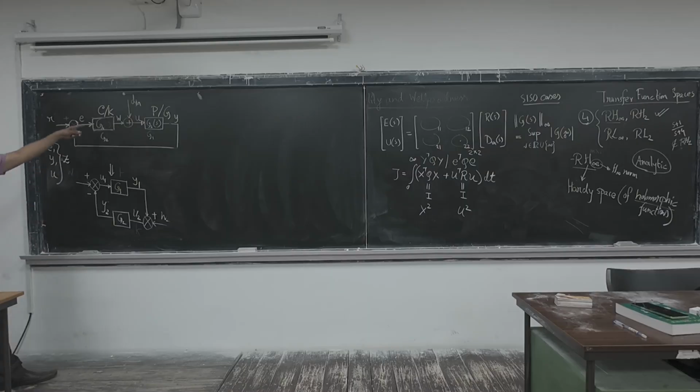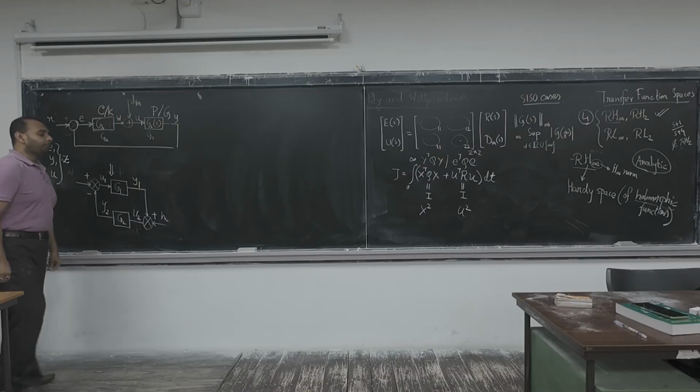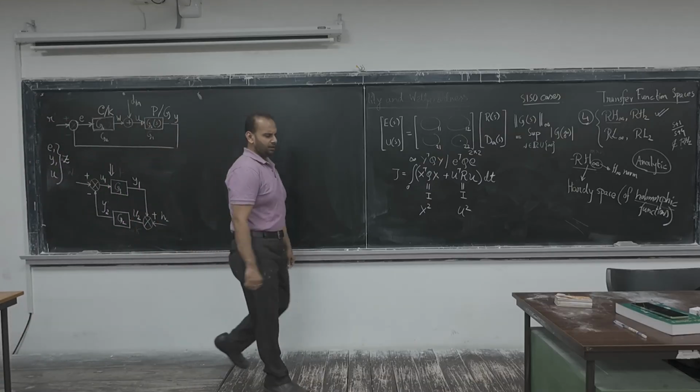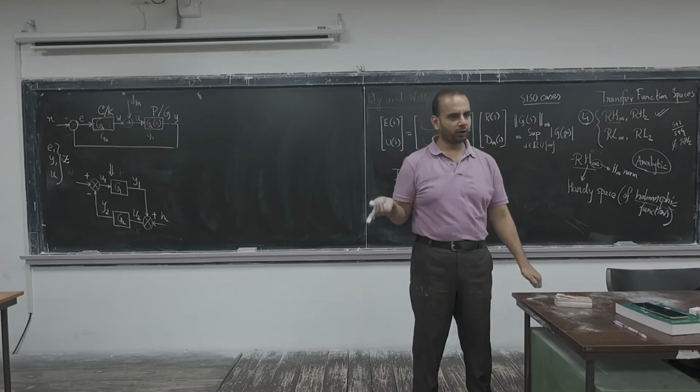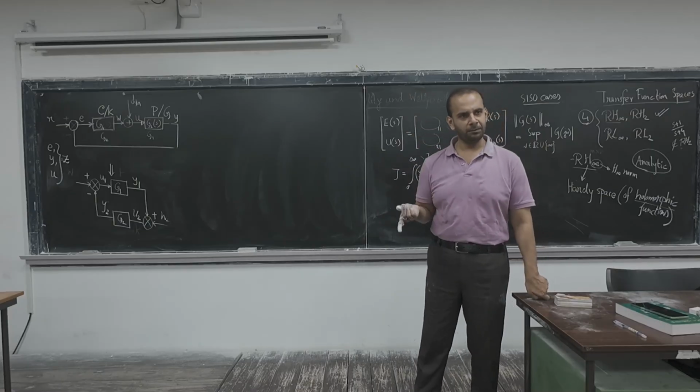So last week when we took this up, I think all of you can easily find the relations, that is R to Y, sorry, R to E, R to U, and then D in to U and D in to E, right? Last day when we were doing it, we individually suppressed one of the inputs and found the remaining ones.